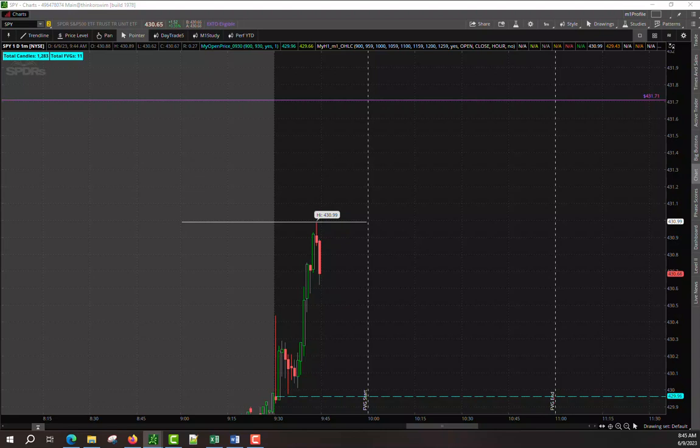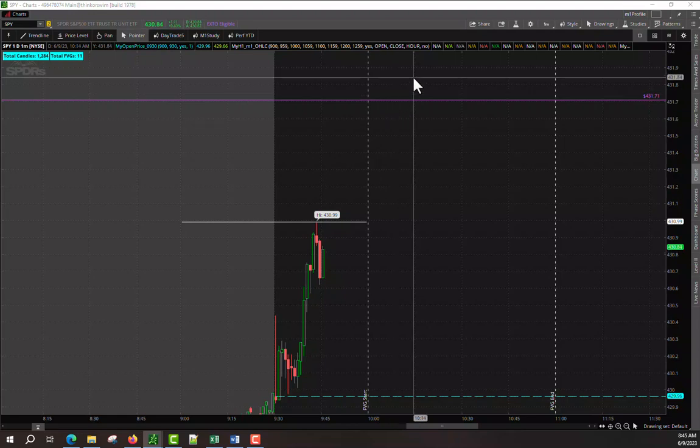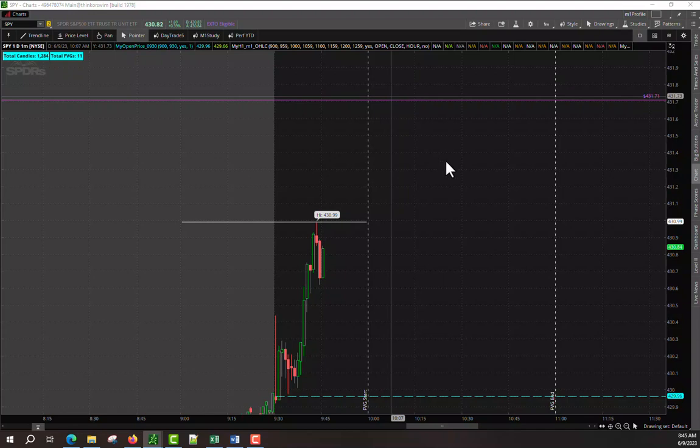Yeah, that's the same for the weekly. So in order to go down, we strongly believe that they have to go up here and clear or sweep this buy side liquidity.